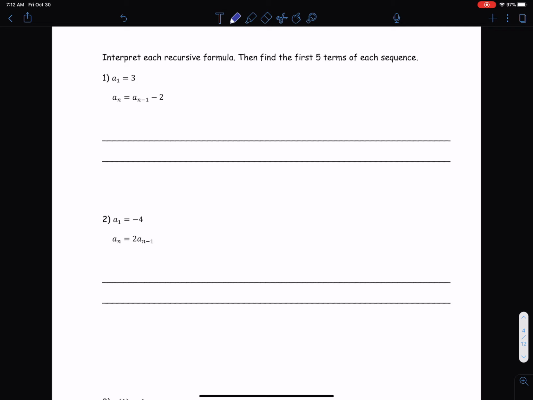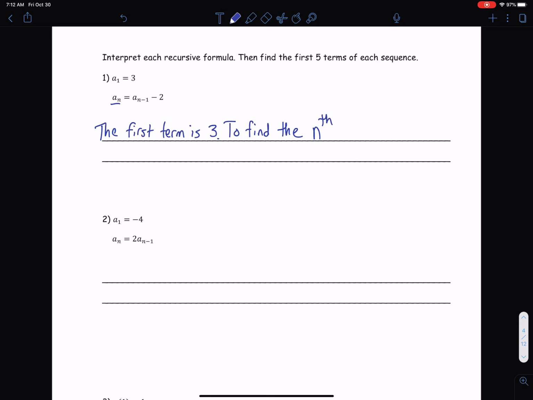So number 1's telling us the very first thing is the first term is 3. So I'm going to say the first term is 3. And then what's happening? Well, to find the nth term, because we don't know what it is.